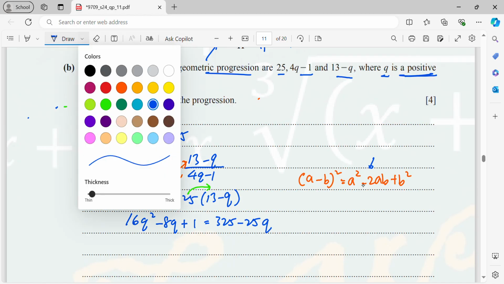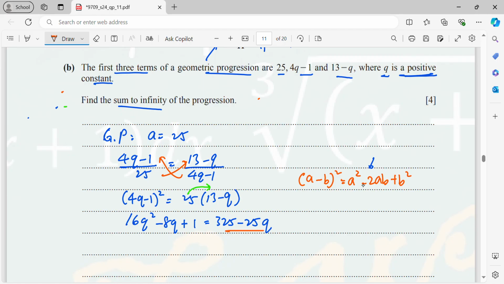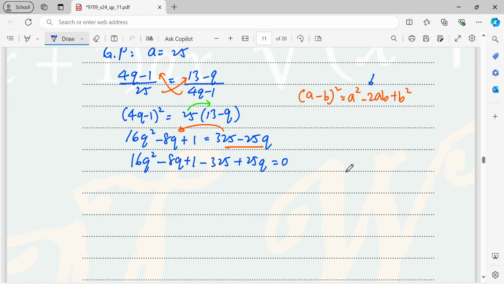Okay, so now group all the terms, or move all the terms to the left side, in order to get the quadratic equation. So I will get 16q squared minus 8q plus 1 minus 325 plus 25q equals 0. Then you will be getting 16q squared.